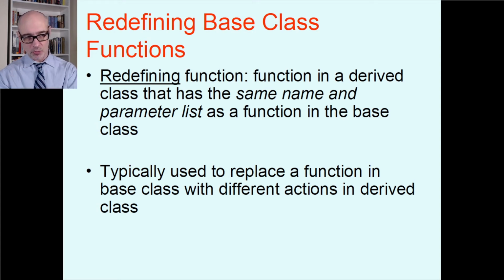Now, this is a little bit more refined because the functions here will have the exact same signature, the exact same name, and the exact parameter list from the base class, but yet still we're going to have two different versions of that function depending on which class you're operating in. And typically we use this redefining idea to totally replace a function from the base class with different actions that are more specific to the derived class.